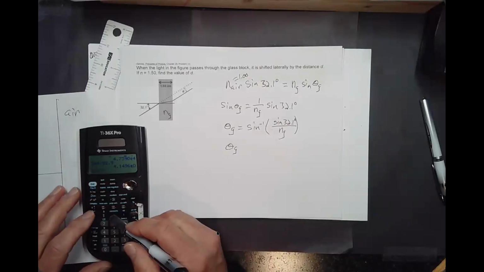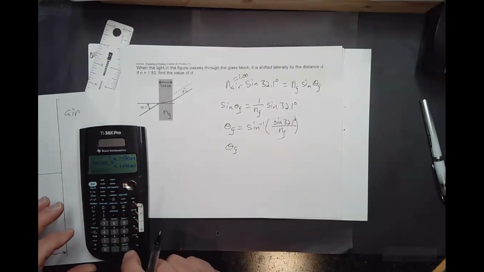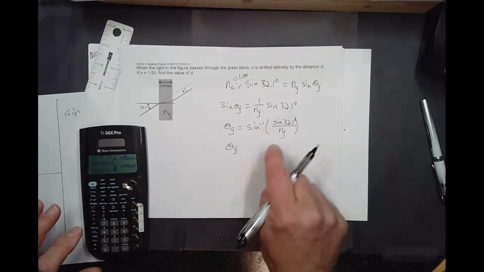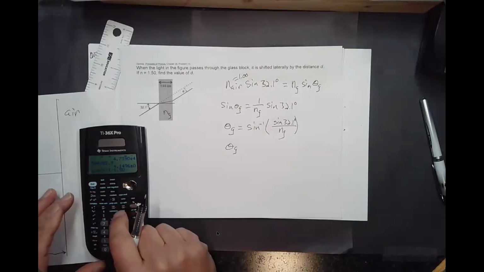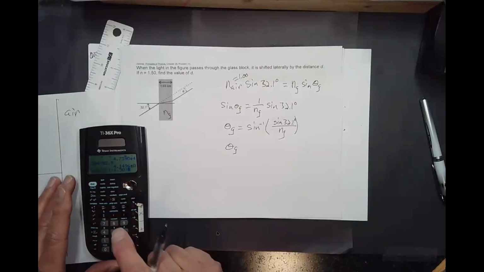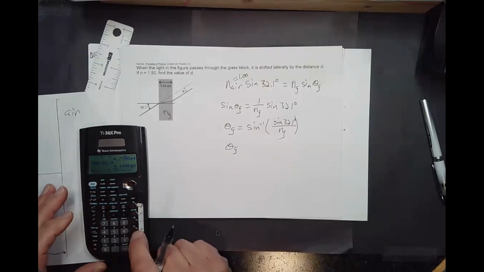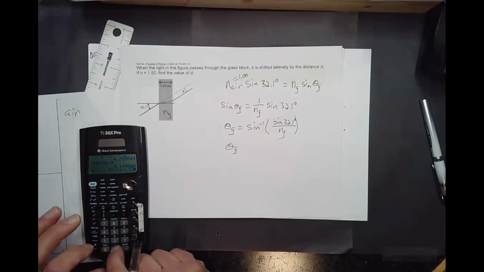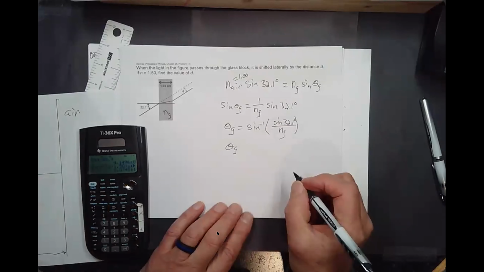If you punch these buttons a bunch of times, it toggles through the selections. First, I'm going to do the 1 divided by 1.50, and then I'll have the sine of 32.1 in there. Hadn't ever tried this calculation with this calculator before. And hopefully that's the right thing.